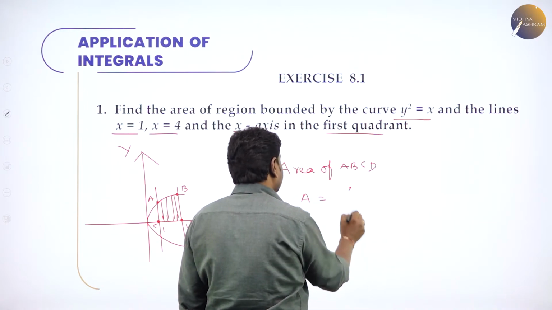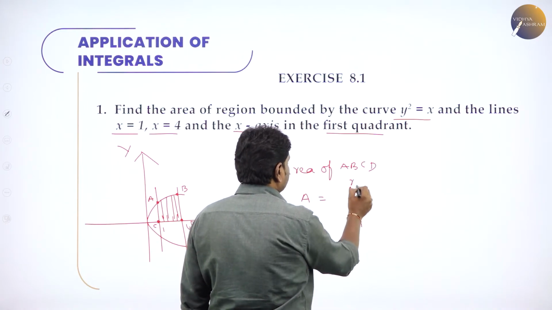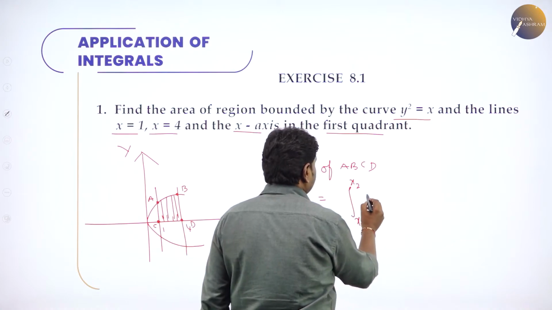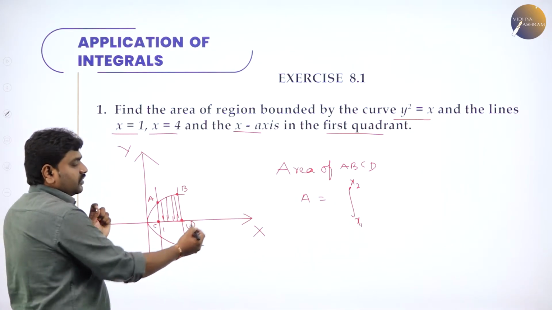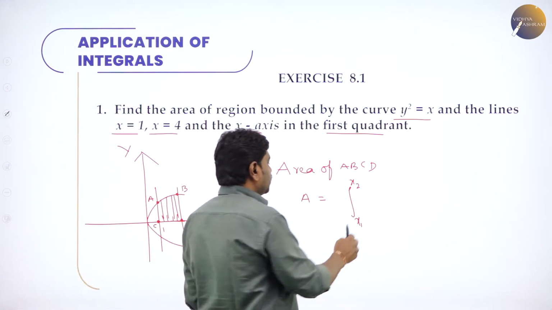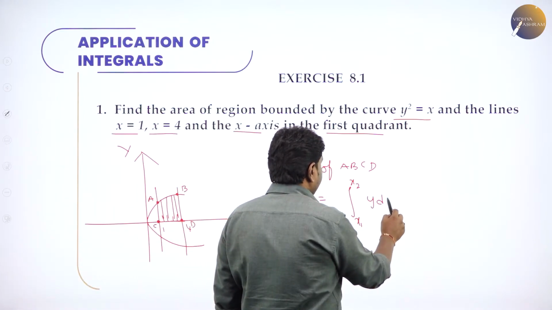A is equal to integration of x1 to x2. It's the area under the curve and what? Sorry, the area under the curve and x-axis. We need to find area x1 to x2 y dx.